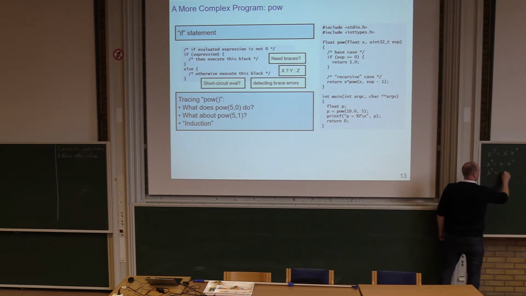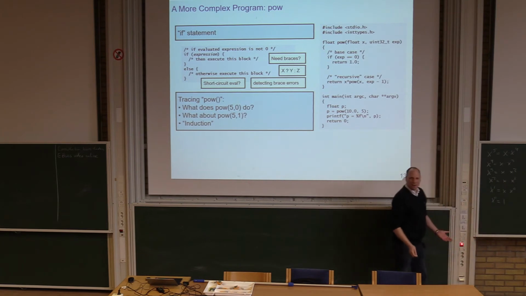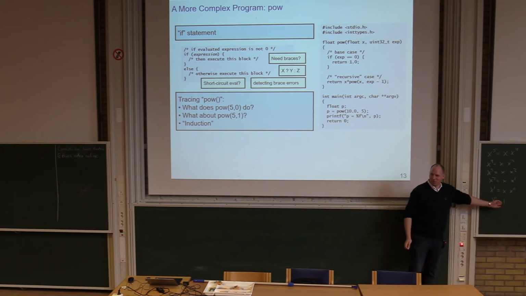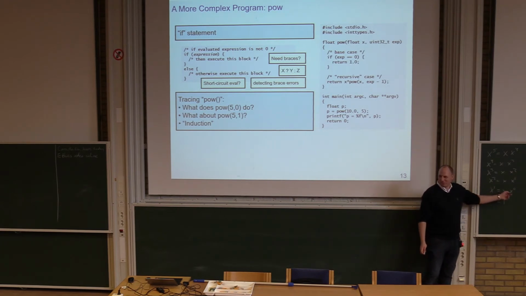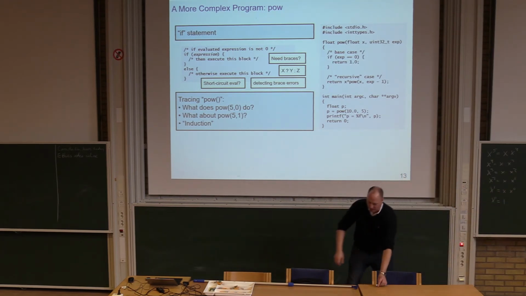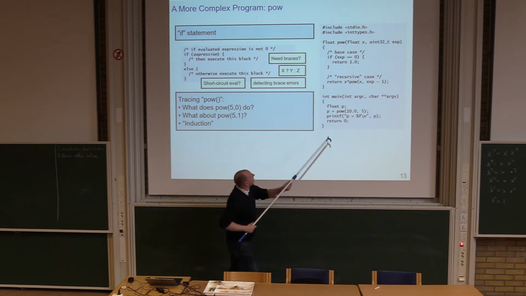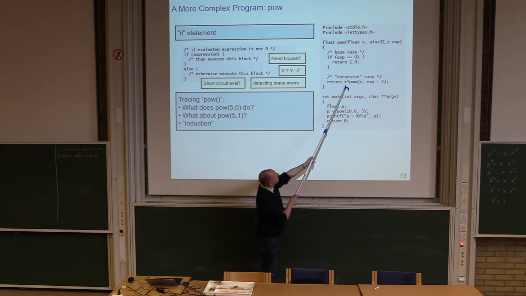X raised to 3 is x times... sorry. Like this, right? So this is the base case. It will return 1. And then x raised to 1 is x times x raised to 0. So that's what we get in this part.